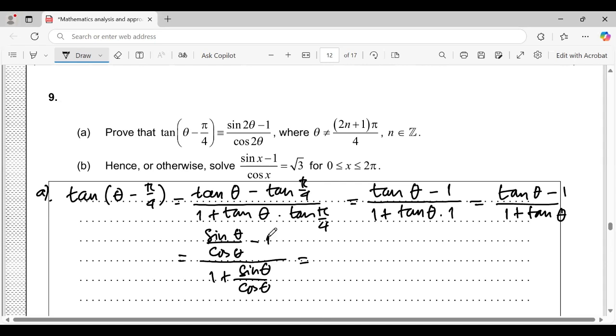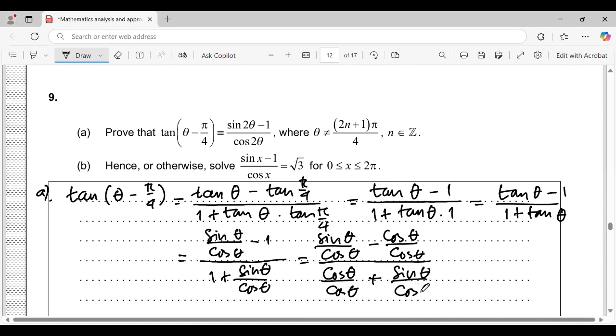Set the same denominator: sine theta over cosine theta minus cosine theta over cosine theta, over cosine theta over cosine theta plus sine theta over cosine theta.